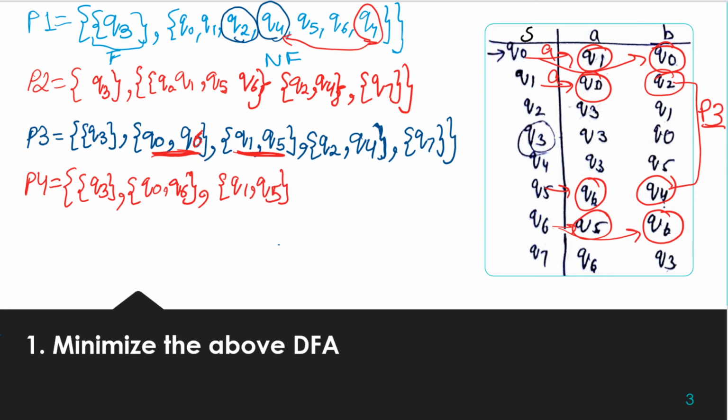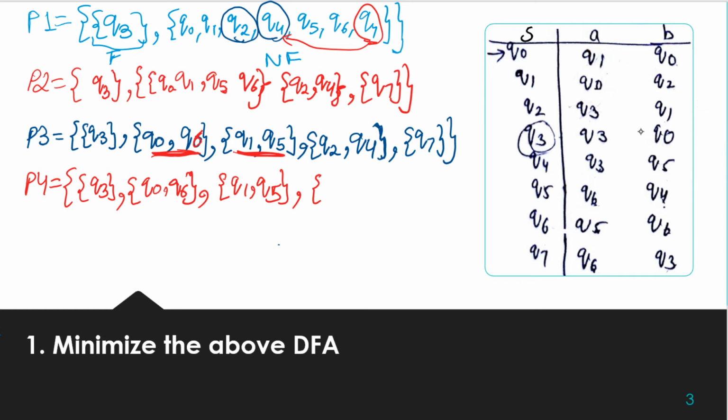If we repeat the process for Q2 and Q4 also, we will find that Q2 and Q4 are compatible for partition 4, as from Q2 we are moving to state Q3, and from Q4 also we are moving to state Q3 for input symbol A. For input symbol B, one state we get is Q1 and another is Q5, and Q1 and Q5 are part of the same group in partition 3.